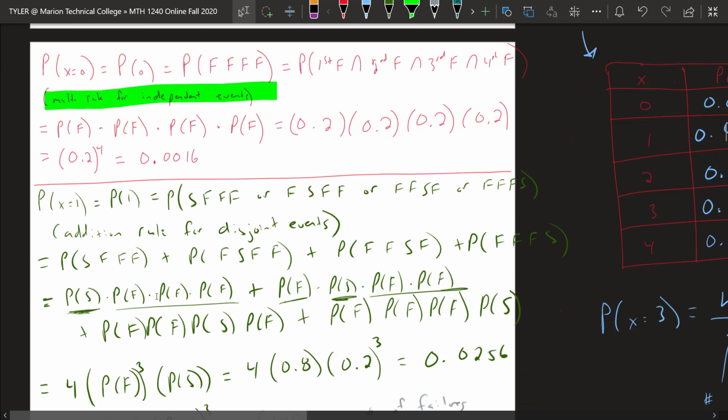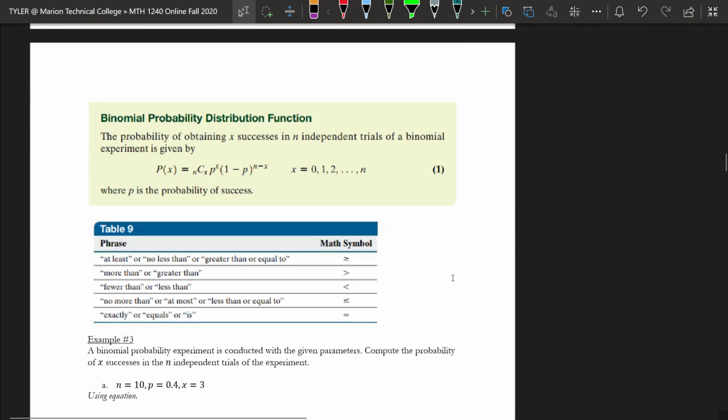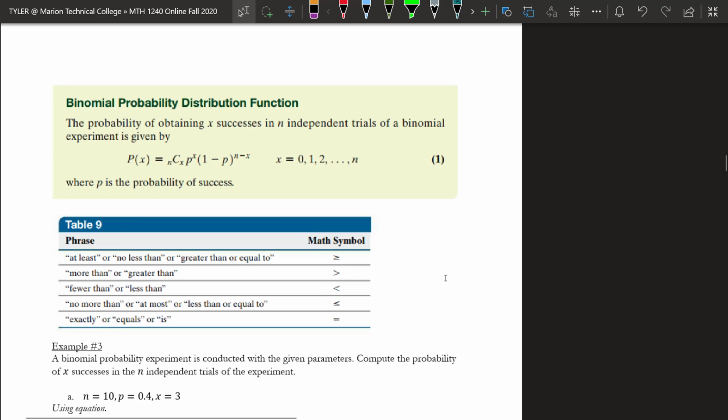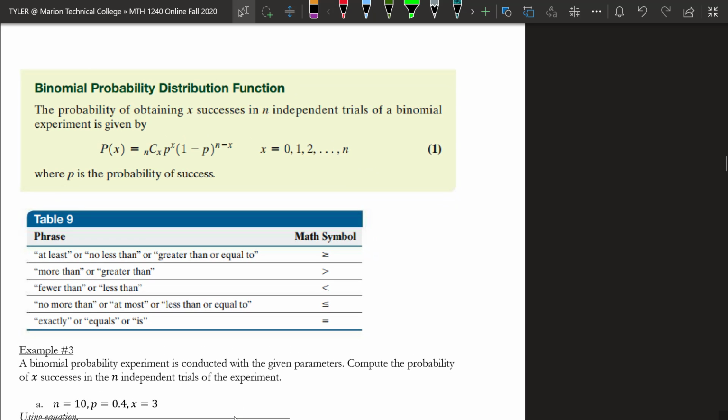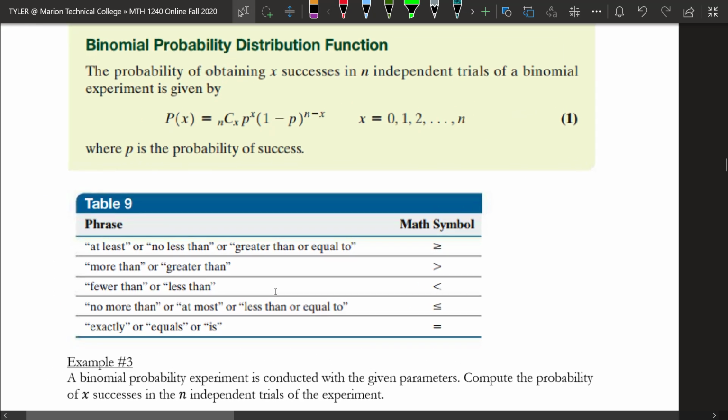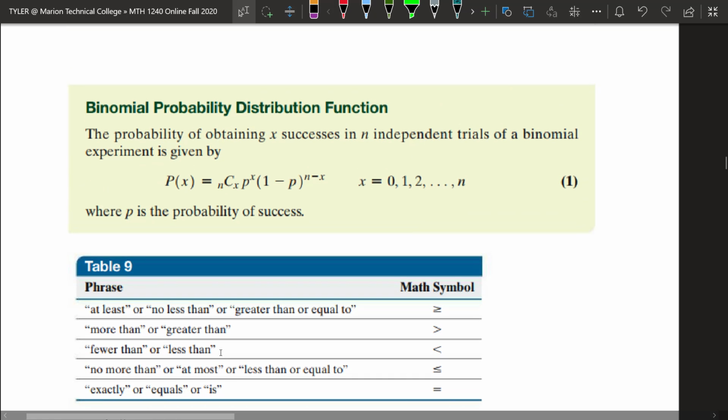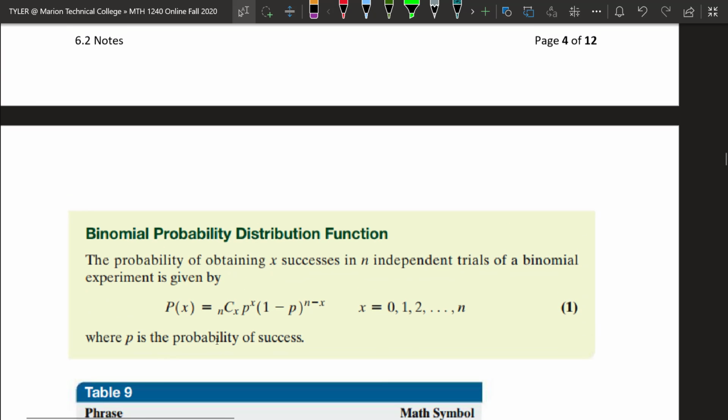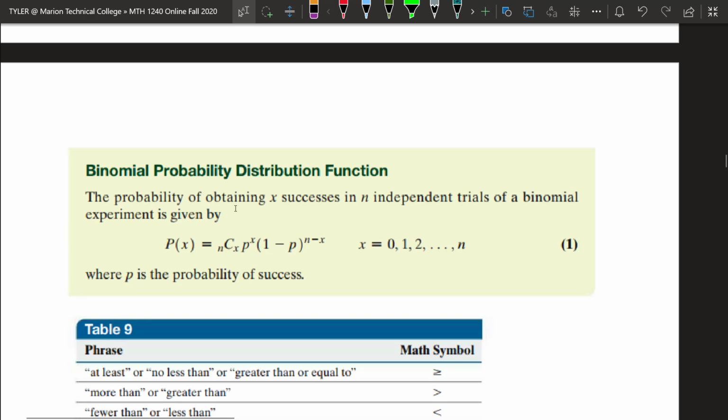Right? So it turns out that we can actually count the number of ways that the number of successes can happen by using a combination, right? Because in a combination, remember, order doesn't matter, and that would be true in this case, right?